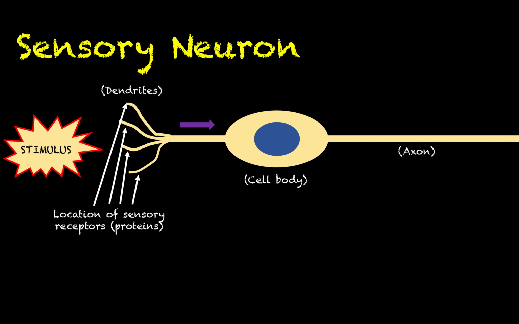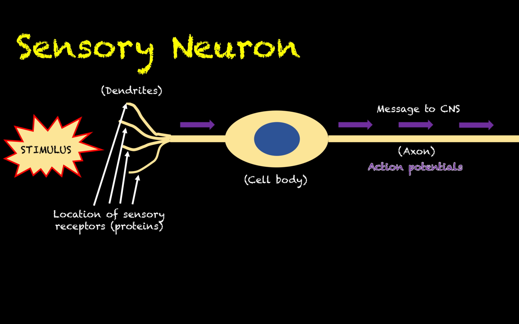Now, if the stimulus is intense enough, those sensory receptors will be activated and a message, called an action potential, will be transmitted along the axon of this sensory neuron. Those action potentials, which are electrical in nature, will be sent from this sensory neuron, which is positioned close to where the stimulus is, all the way to wherever the control center is, whether that's the brain or the spinal cord.